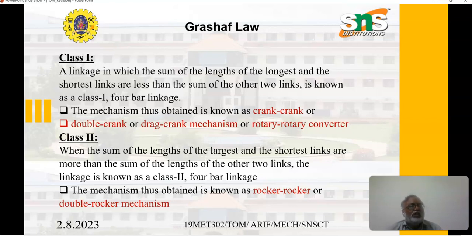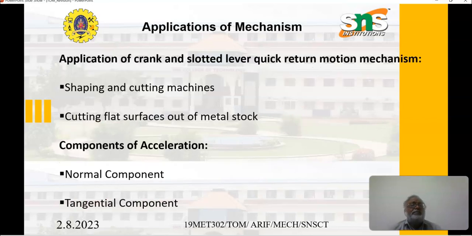Similarly, for the class 2 mechanism, as per Grashof's law, when the sum of the lengths of the largest and the shortest links is more than the sum of the lengths of the other 2 links, the linkage is known as class 2. This is also a 4-bar linkage. The mechanism thus obtained is known as rocker-rocker mechanism or double rocker mechanism.